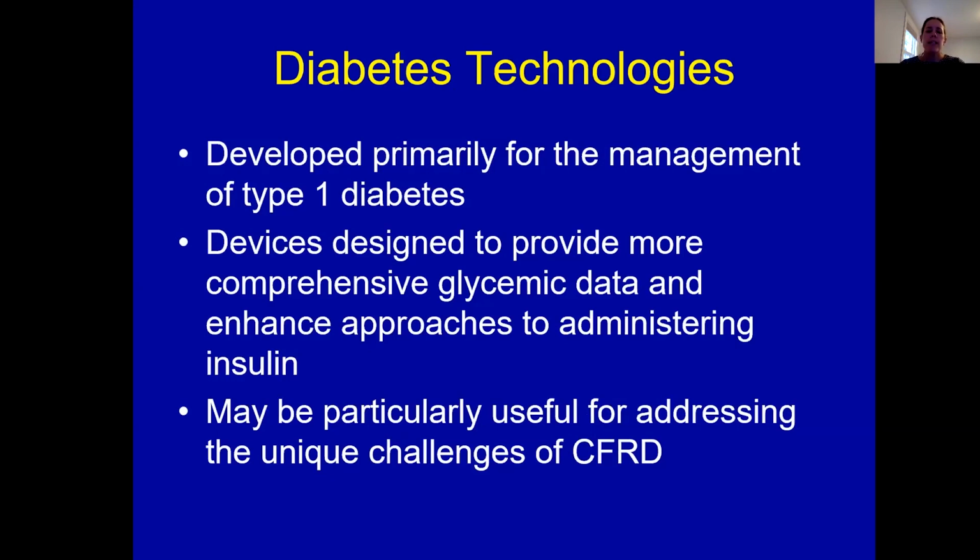So most diabetes technologies were developed primarily for the management of patients with type 1 diabetes, and now moving on also to include type 2 diabetes. These devices were designed to provide more comprehensive glucose data for both patients and providers, and to enhance approaches to administering insulin, ultimately attempting to make diabetes control better and diabetes management easier for our patients.